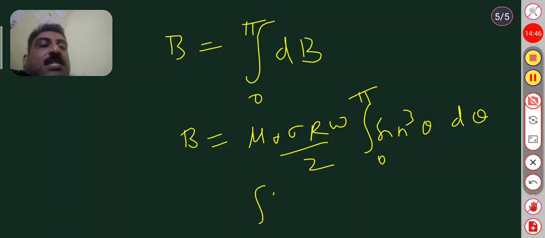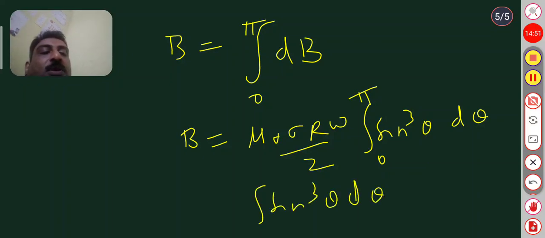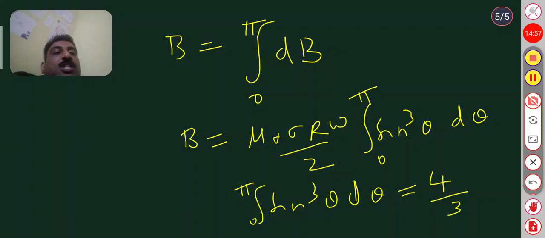And what is the integral of sine cube theta d theta from 0 to pi? If you solve it, it comes out to be 4 by 3.